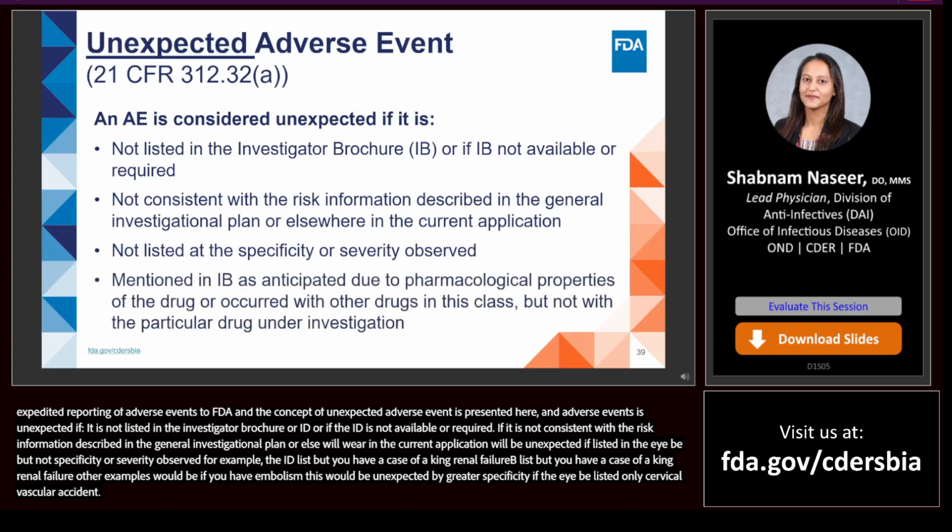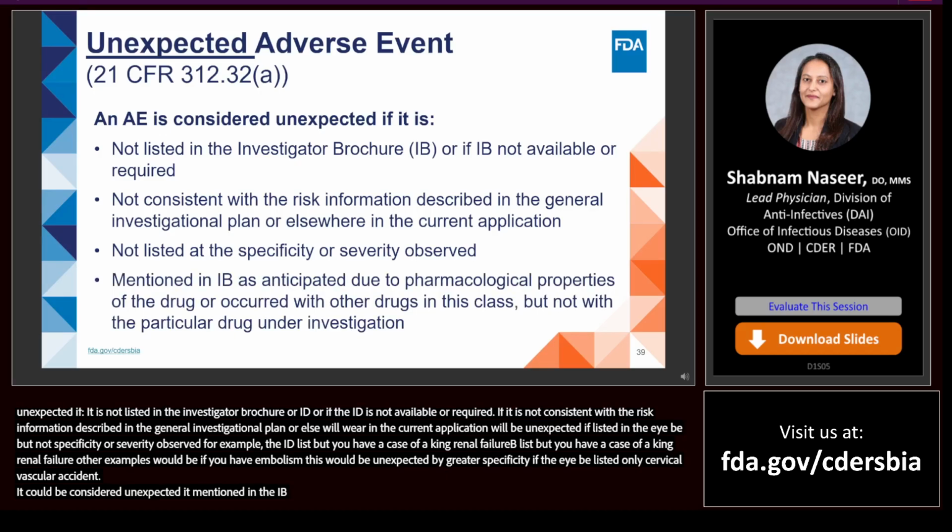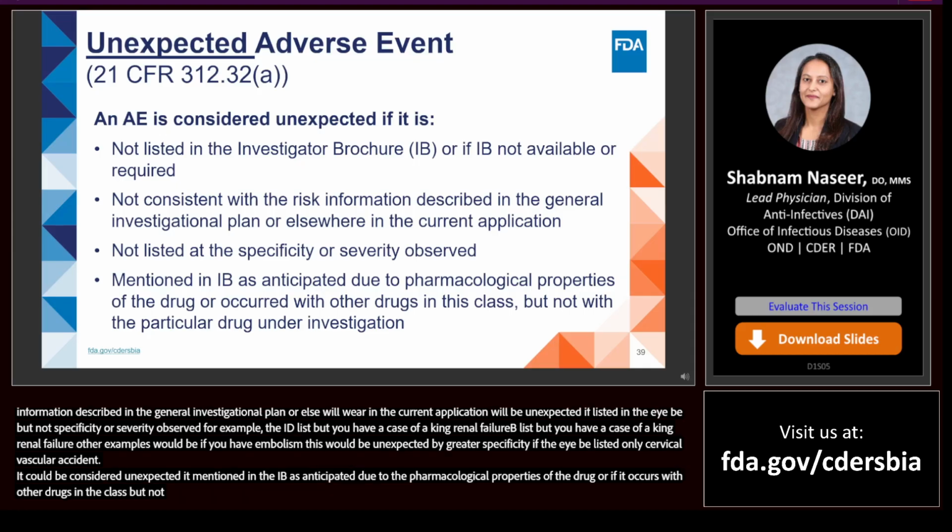And it could also be considered unexpected if it's mentioned in the IB as anticipated due to the pharmacological properties of the drug, or if it occurs with other drugs in the class, but not with the particular drug under investigation. So one example would be angioedema.